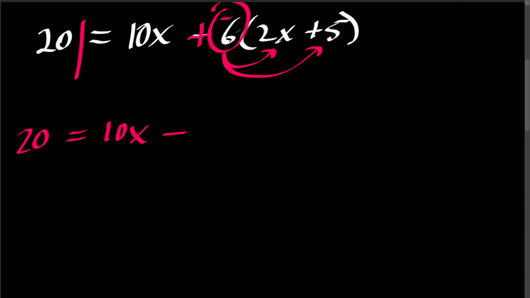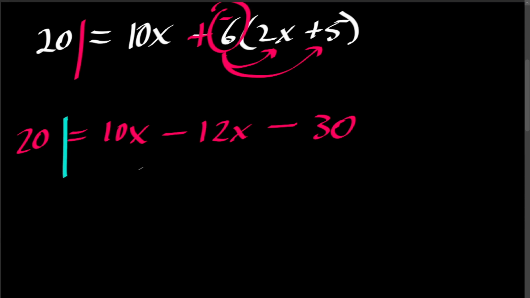I get negative 12x, so I'm going to say minus 12x. Next, I'm going to say negative 6 times 5, and once again, that makes negative, so I'm going to say minus. And it makes negative 30, so I'm going to say minus 30. You could also say plus negative 30. It's just better to save you a little bit of time to go ahead and let your sign dictate if it's plus or minus.